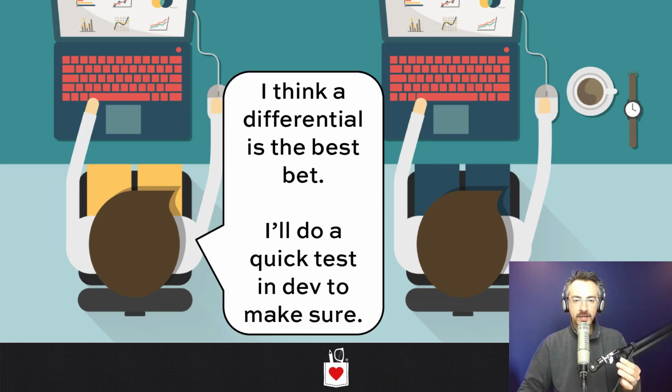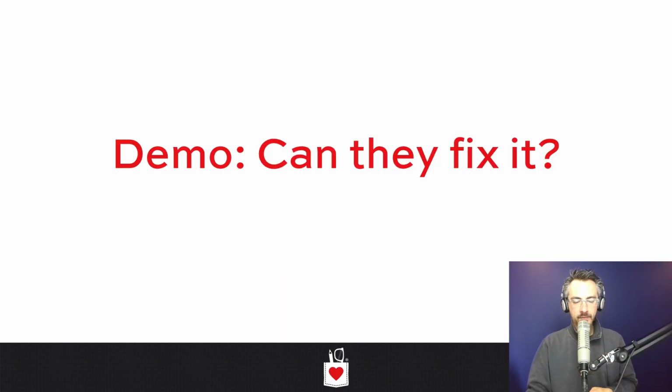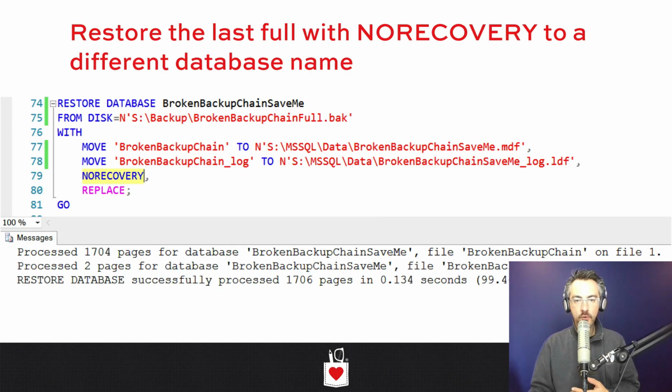So one way that I can jump past a missing log backup is to go do a differential. Here, because I'm an anal retentive DBA, I'm gonna go test it to make sure that this actually works. Over on my development server, I'm gonna restore last night's full backup, and I'm gonna use WITH NORECOVERY so that I can continue to restore additional transaction log backups.